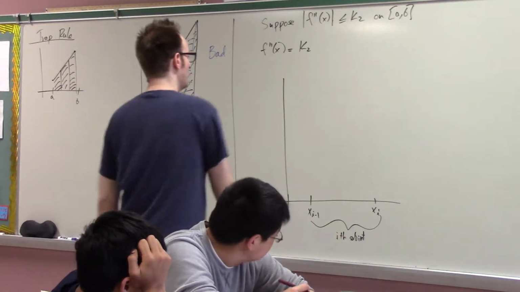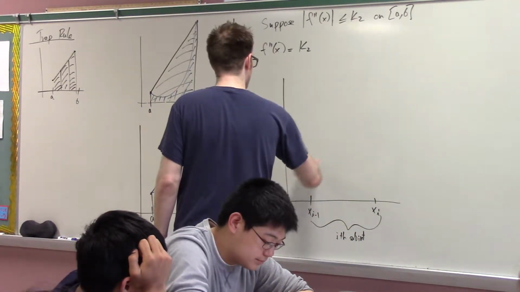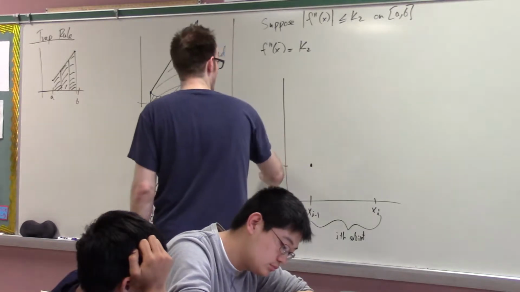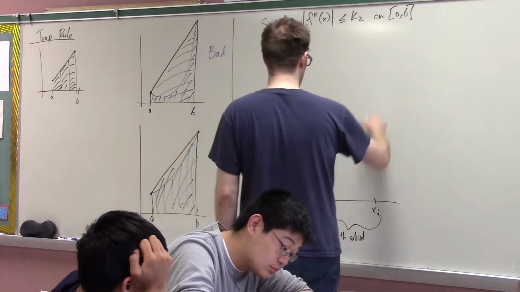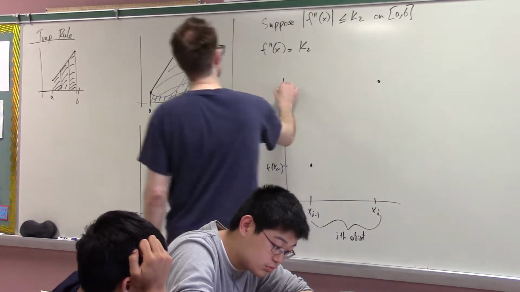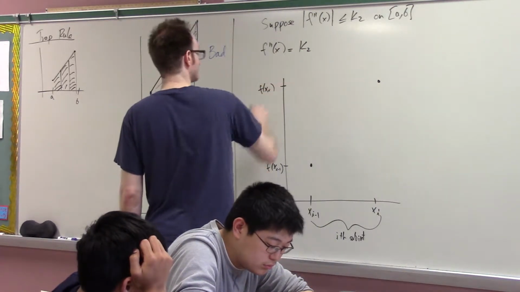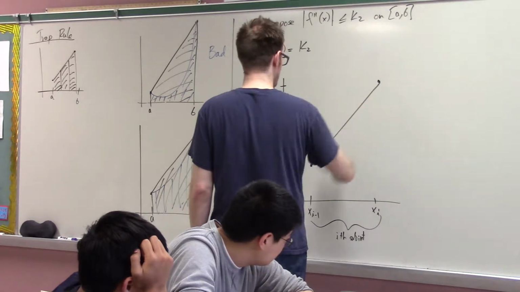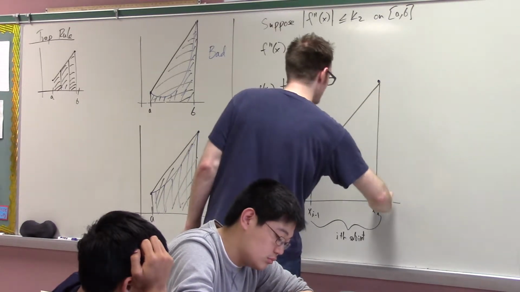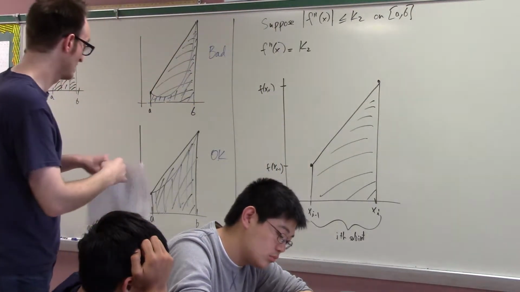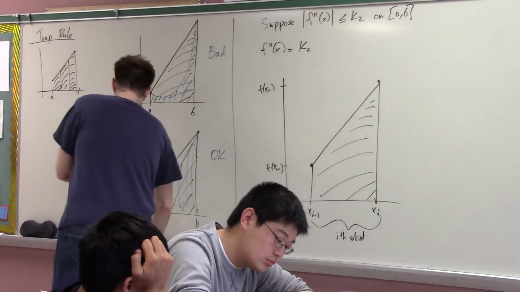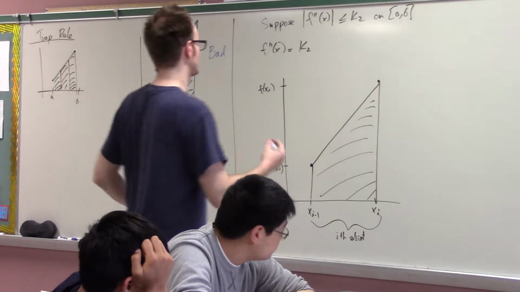Now what I know is that when I plug into the function f, I get this value, f of x sub i minus 1. And when I plug x sub i in, I get some other value, f of x sub i. The trapezoid rule is going to tell you that the amount of area you got on that interval is that. All right, and what does the worst possible function look like?